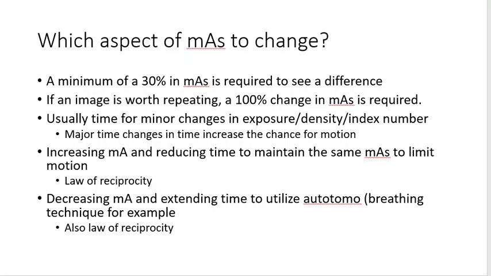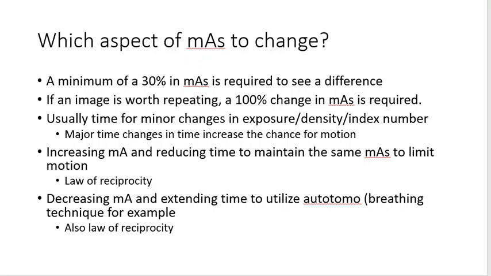Again, motion is the main thing that will destroy sharpness of recorded detail, and you can't fully control the motion. So that comes with it the danger of introducing motion anytime that you increase time significantly.